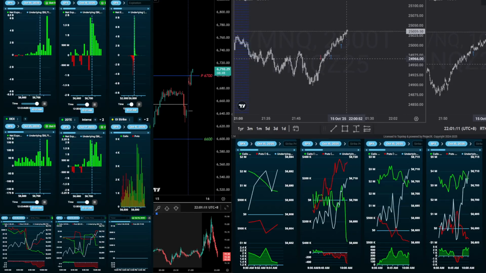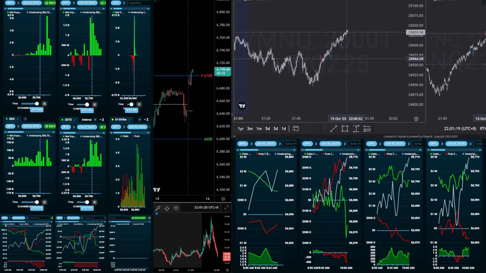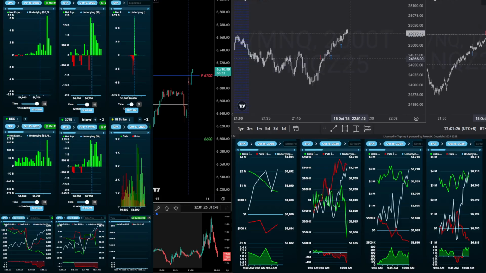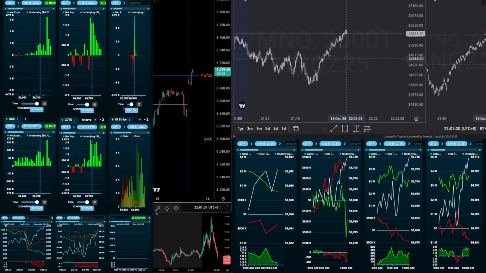So this kind of move, this kind of execution, short MNQ, long NQ at the same time, please don't do it. All right. I just do it for demonstration. For what?